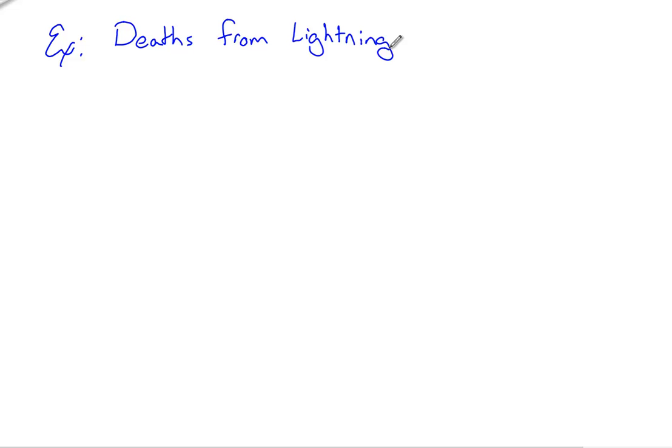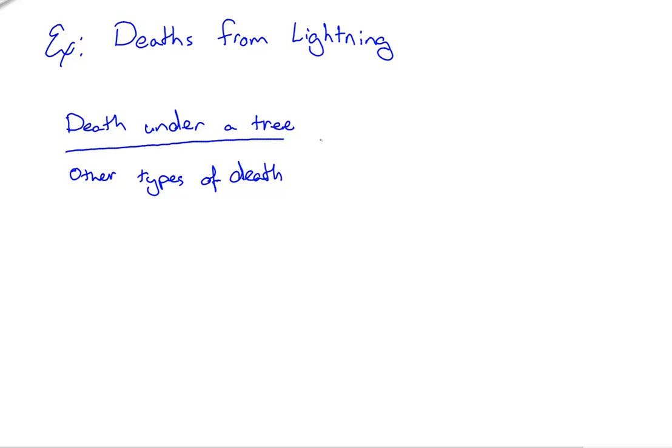They gave us the values for deaths under a tree and other types of deaths. So we have this table. People died under a tree from lightning, and then there were other types of deaths from lightning. And remember that these are all from lightning, okay?